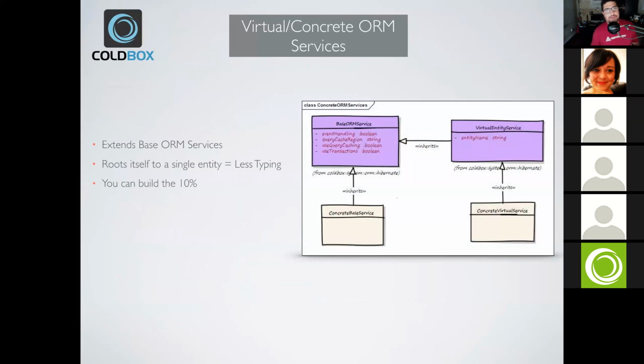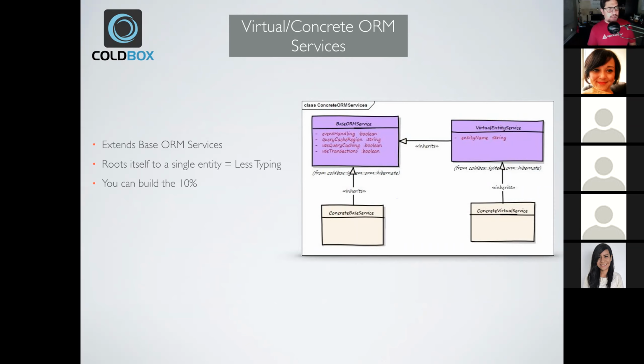The virtual service inherits from the base service, and instead of working with any entity in your system, you're basically routing a virtual entity to a specific entity. So that means that instead of always passing the entity name into the base ORM service, you're going to create a virtual service layer.